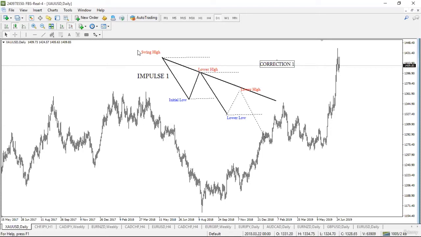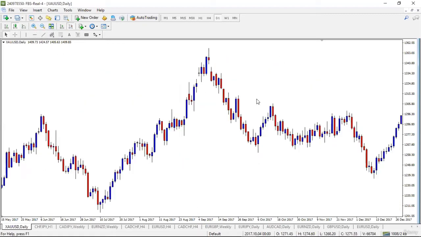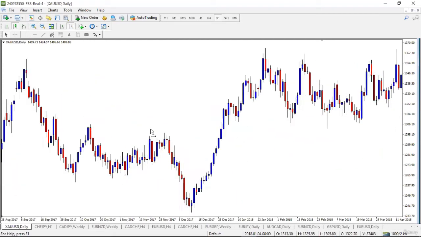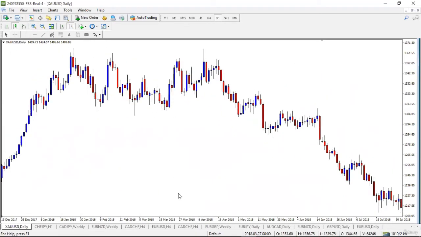The impulses will have big candles. Let me look for a downtrend. So this is a downtrend. You can see this is your swing high here at the top.